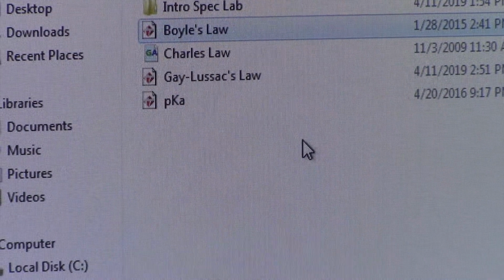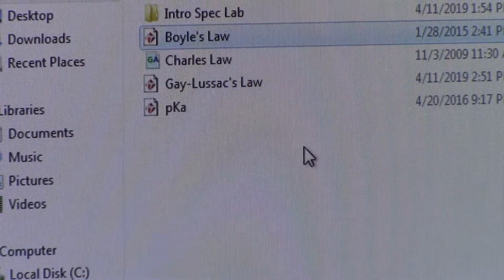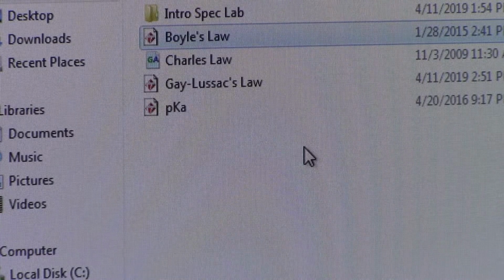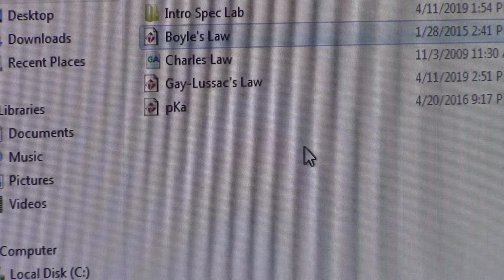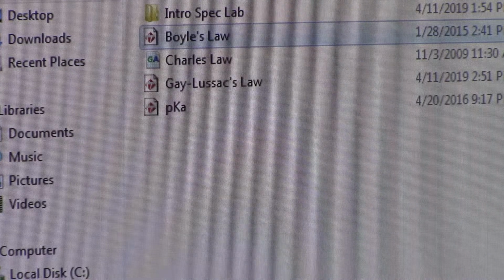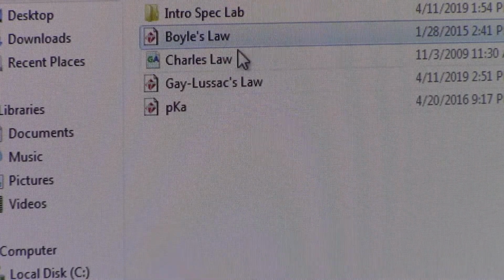All right, you'll notice that it says Boyle's Law, and I'm going to double click on that and get what I need. Okay, so here's the program, already set up to measure Boyle's Law.